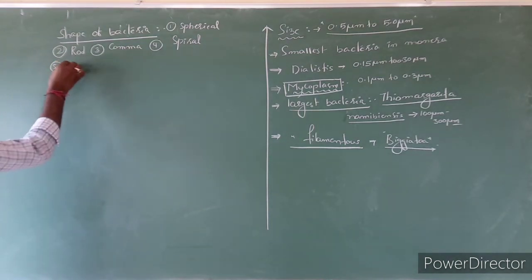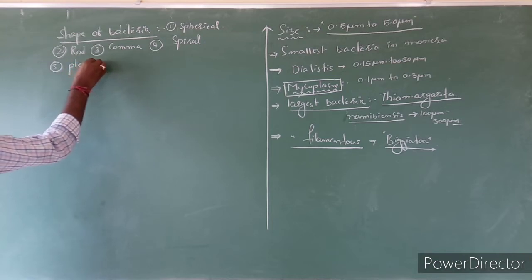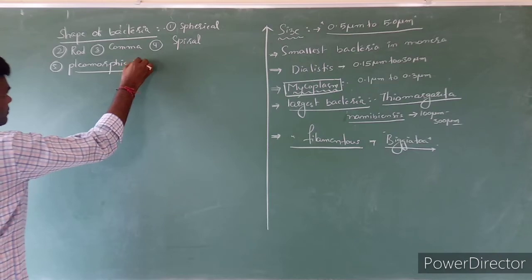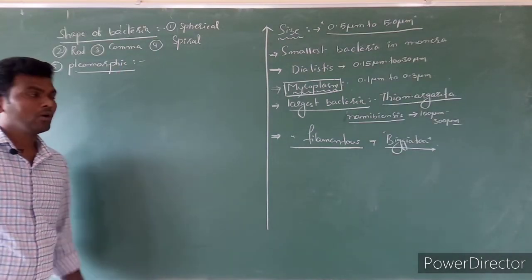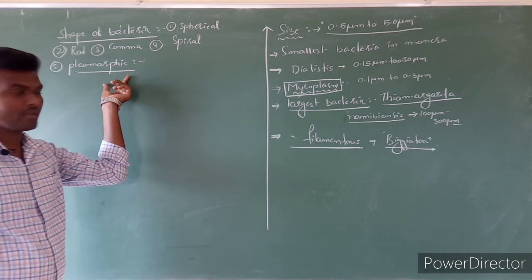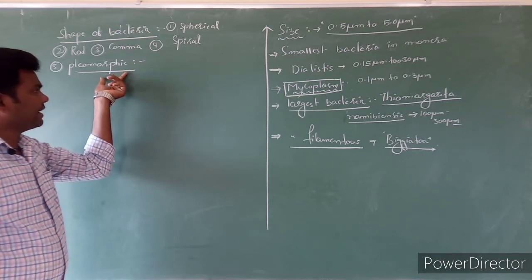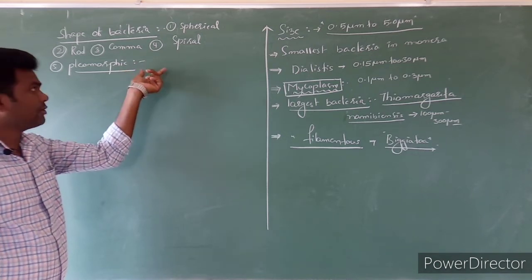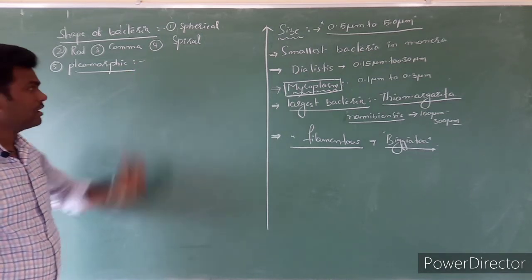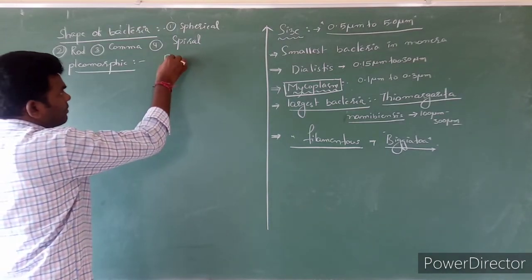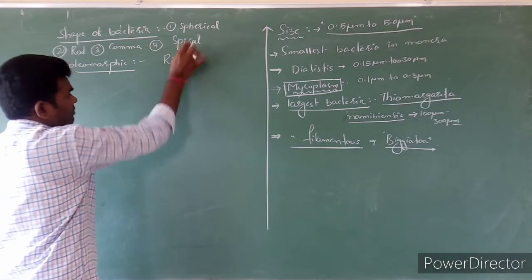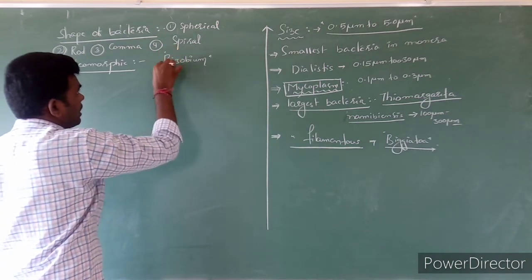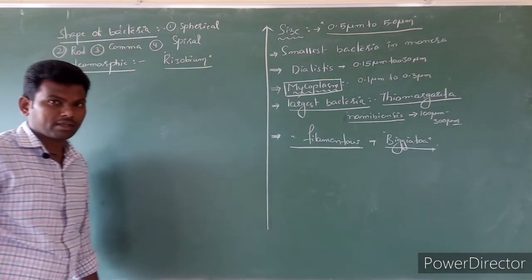The fifth one is pleomorphic. What is meant by pleomorphic bacteria? Pleomorphic bacteria have the capacity to change their shape, not a particular shape. Example is Rhizobium. Clear?